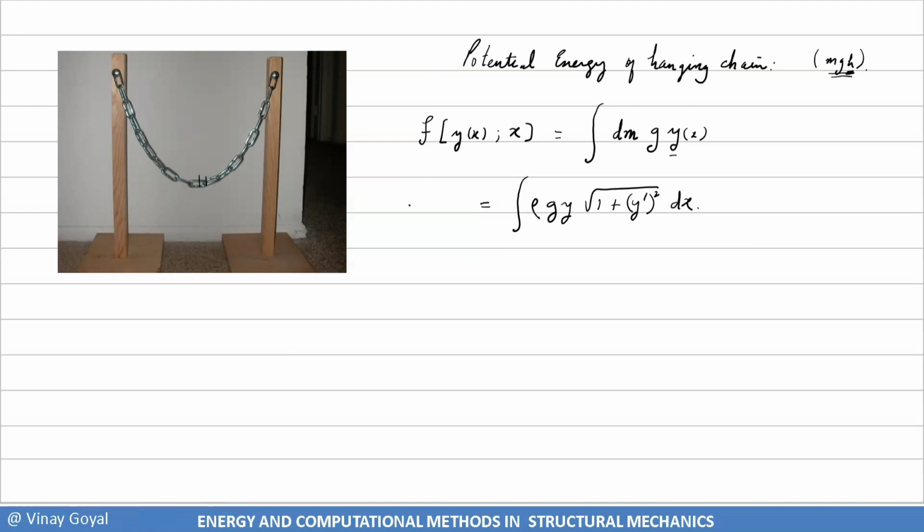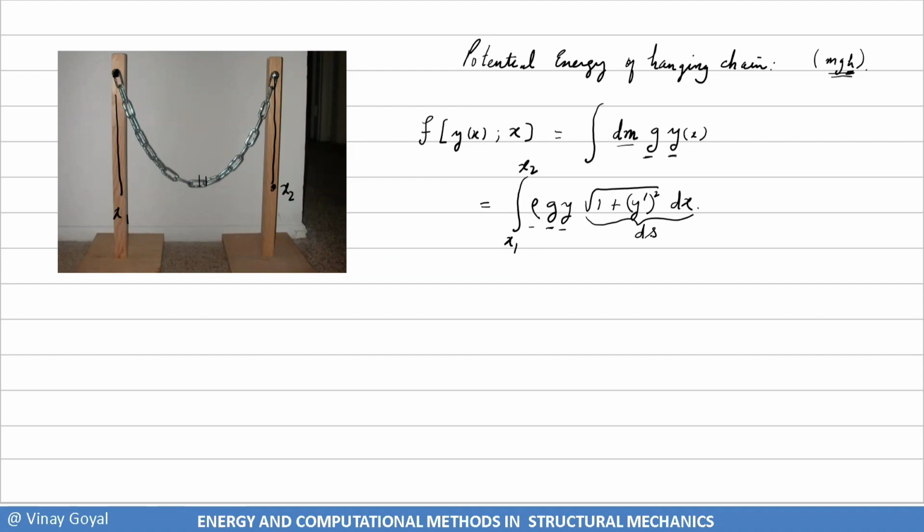Okay, so that's the potential energy of this hanging chain, starting from this point x1 to a point x2. The way this came about is that g and y are these two right here, and dm is really the density times ds, this curve ds. So this really gives you the potential energy for this system.